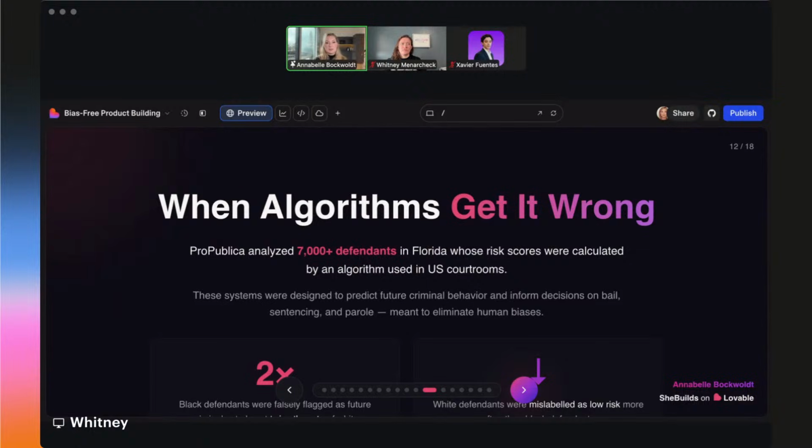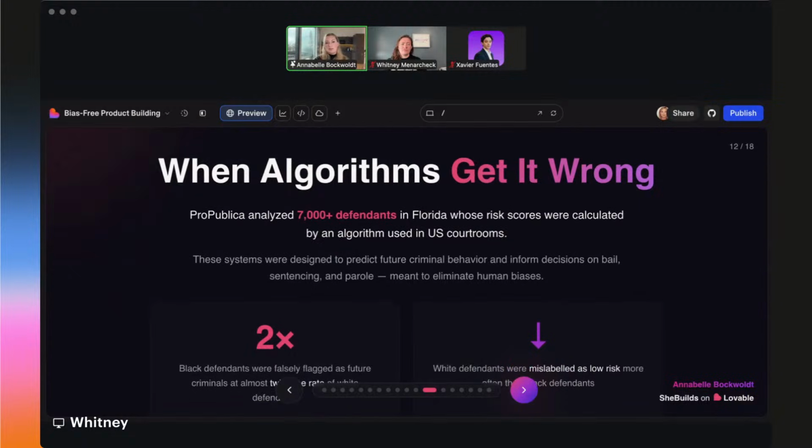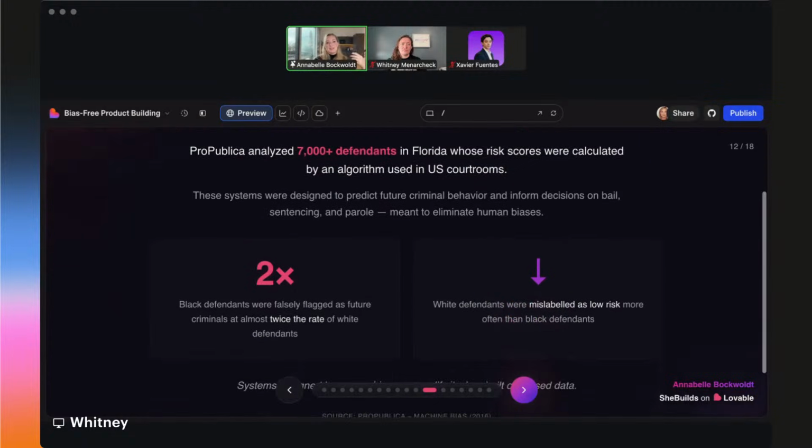These systems were basically trained on human data. And unfortunately, this data led to Black defendants being falsely flagged as future criminals at almost twice the rate of white defendants. And white defendants in general were more often mislabeled as low risk than Black defendants.